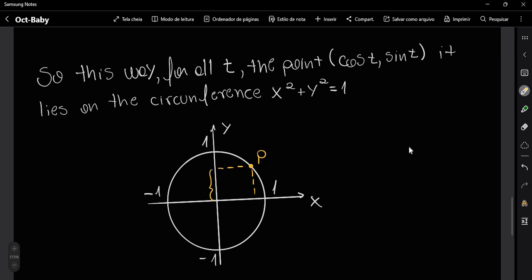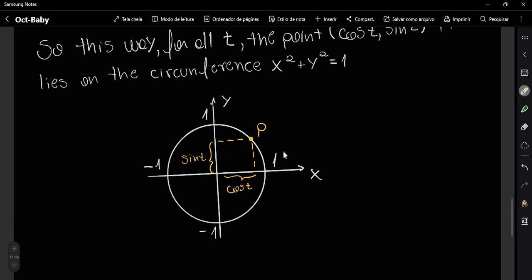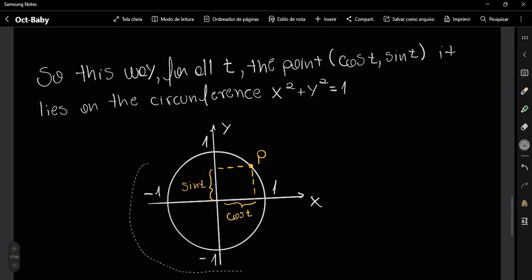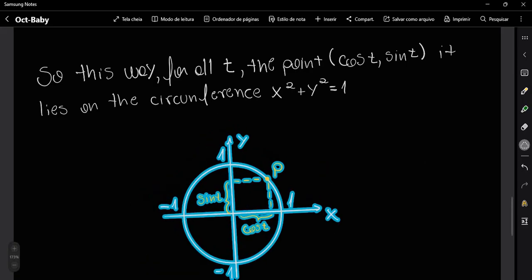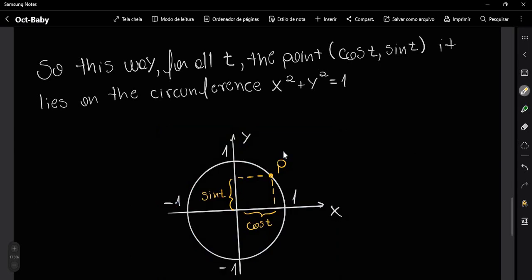So right here we got sine of t, and right here is cosine of t. Okay. And we can see right here is sine, and right here is our cosine.